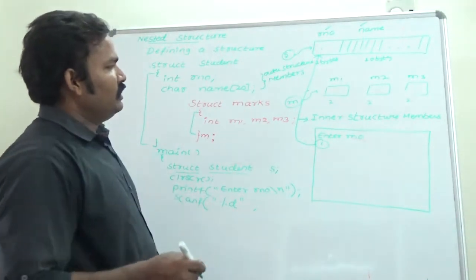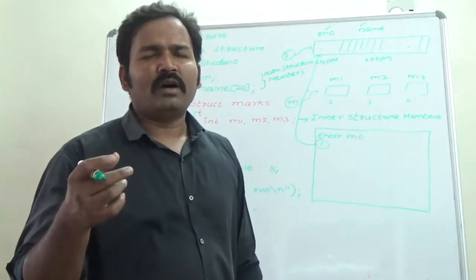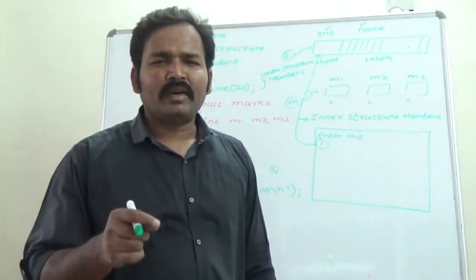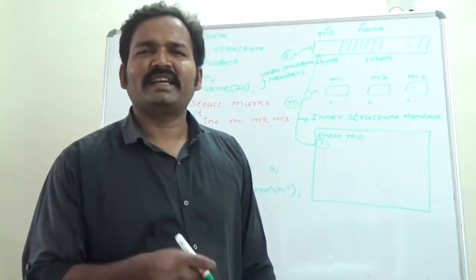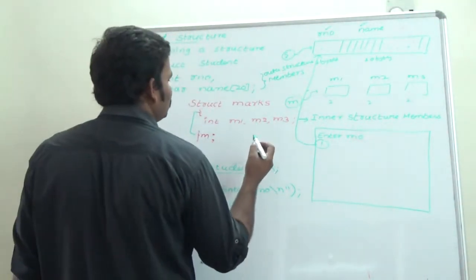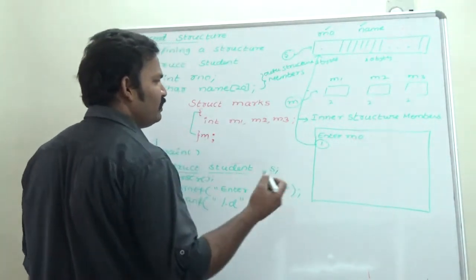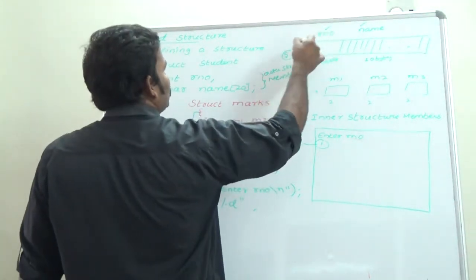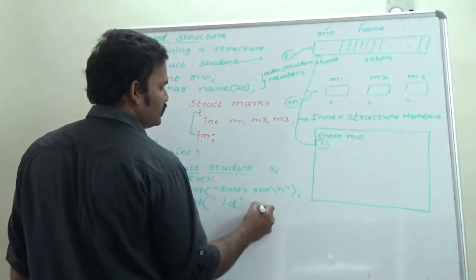Listen. In the previous session we discussed how we can access the members of a structure. Structure members are accessed with the object name and the direct access operator. So what is the object of this structure? S, the object name.